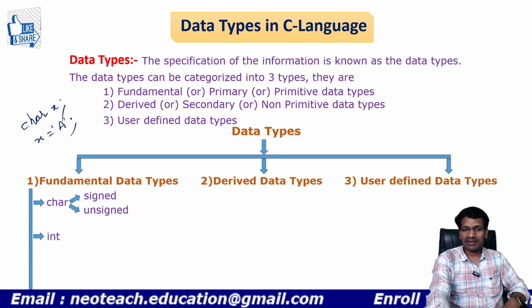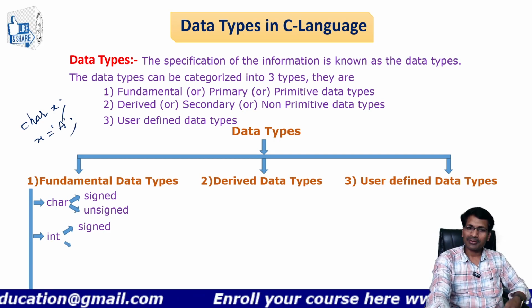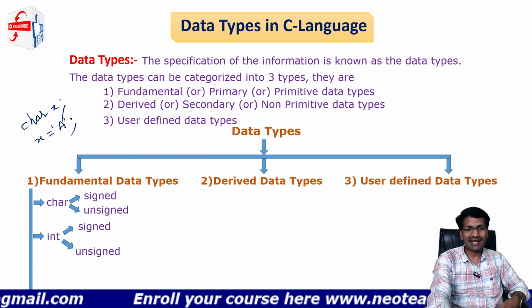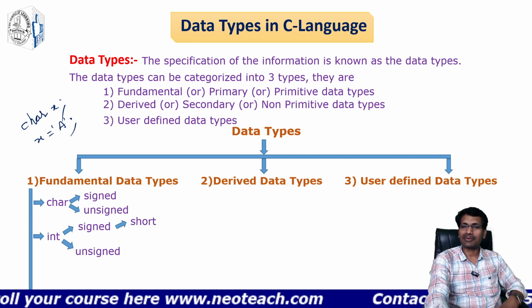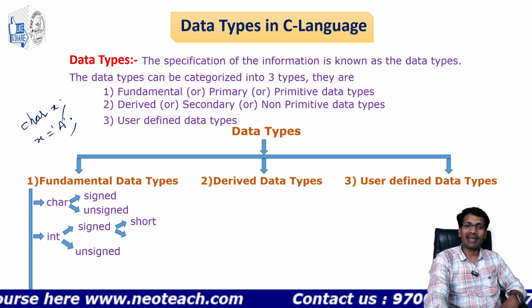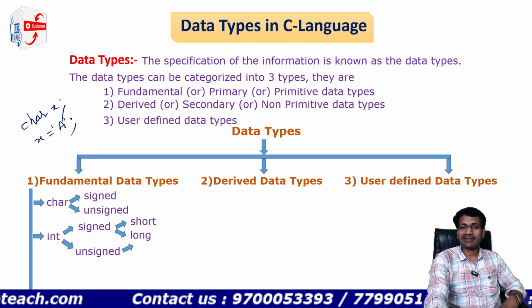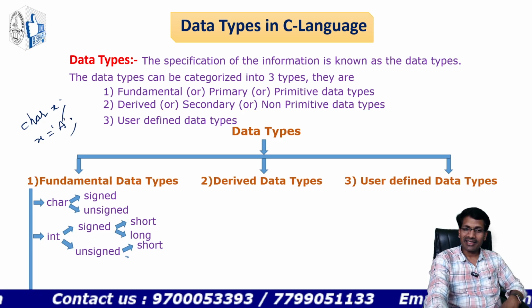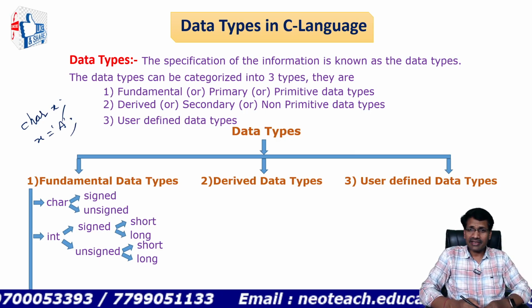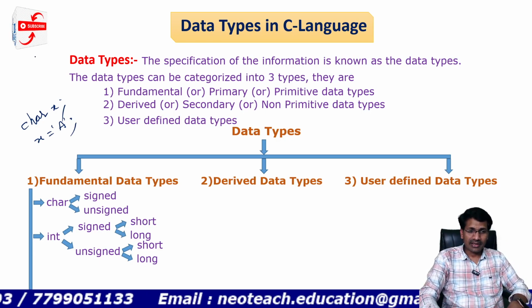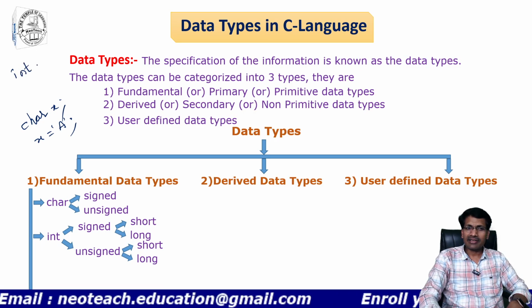Next we talk about the second one, that is integer. Integer is also classified into two types: signed integer and unsigned integer. The signed is further classified into short signed integer and long signed integer, and the next types are short unsigned integer and long unsigned integer. For example, I am taking int n.